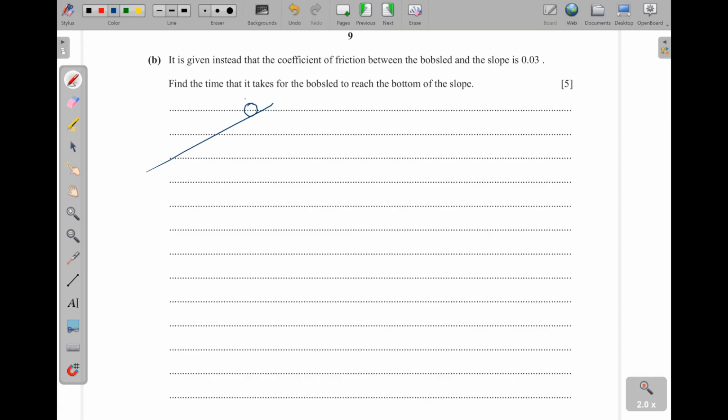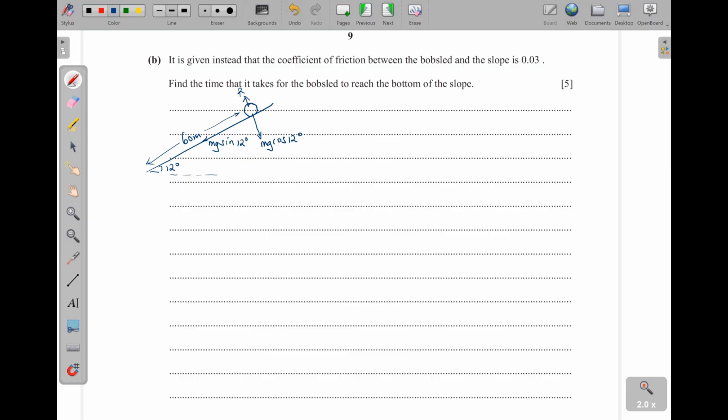I have my particle here, there is R here, then there is mg cosine of 12, and then remember this is 12 here, there is mg sine 12, and this is 60 meters here.